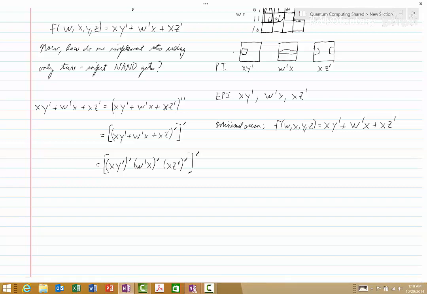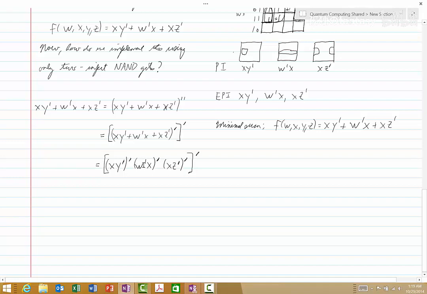And notice now that this is a two-input NAND here. We are ANDing and then complementing, so that's NANDing. We are NANDing together x and y prime.